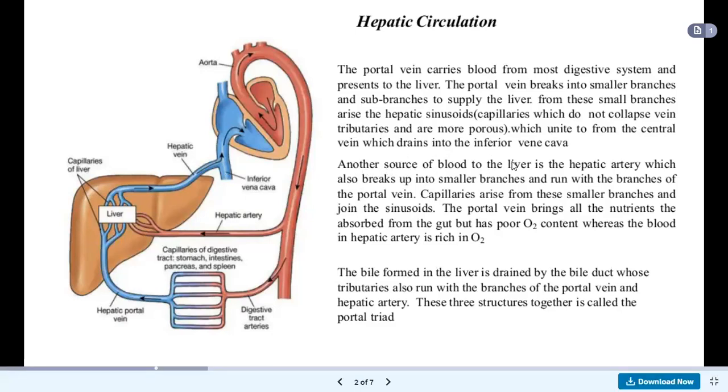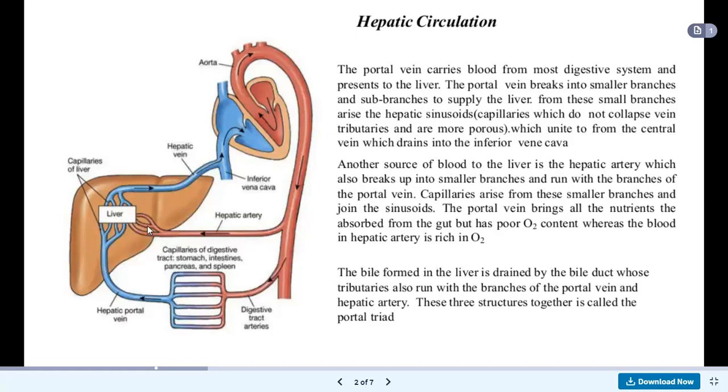Another source of blood to the liver is the hepatic artery, which also breaks up into smaller branches and runs with the branches of the portal vein. So another source of blood to the liver is the hepatic artery, which we said here, which also breaks up to form smaller arteriole branches, which run with the branches of the portal vein.